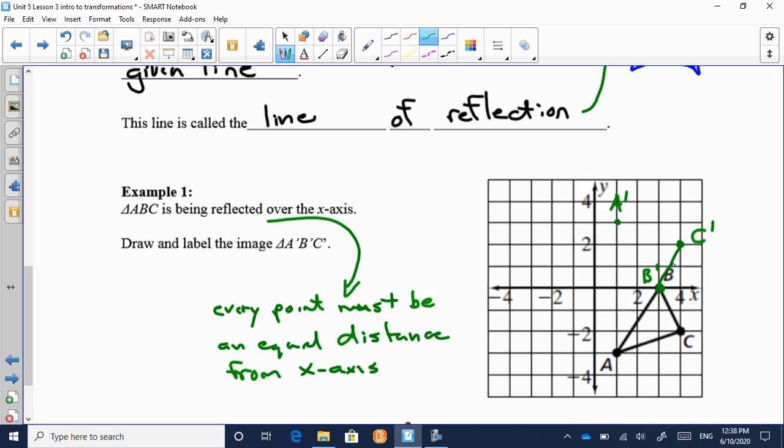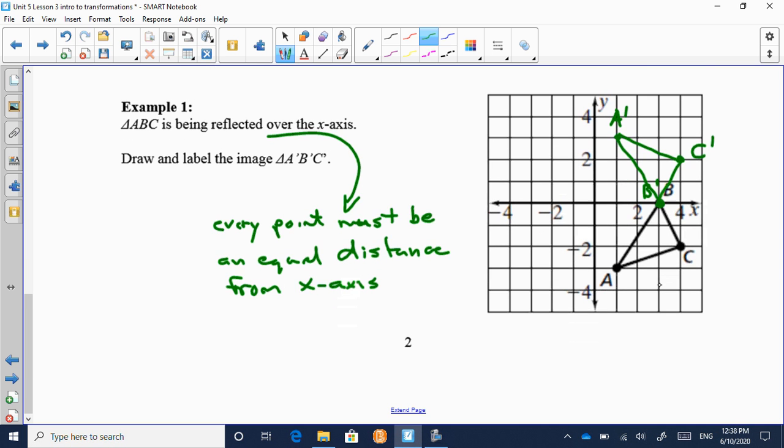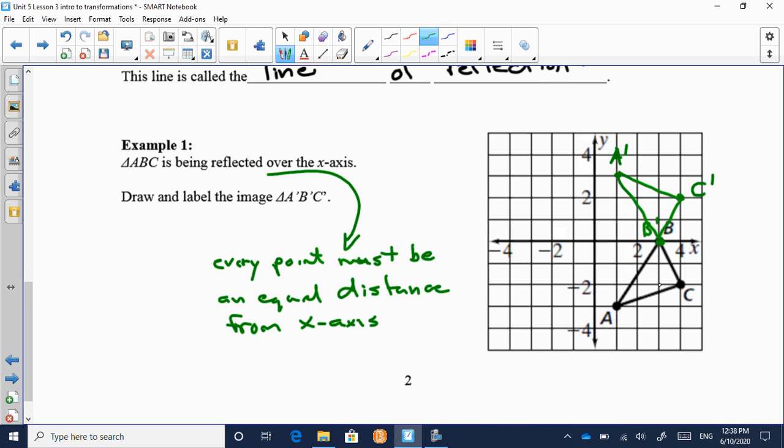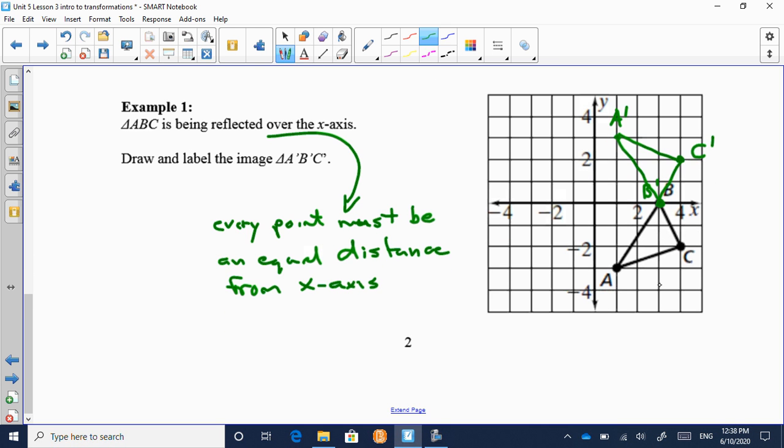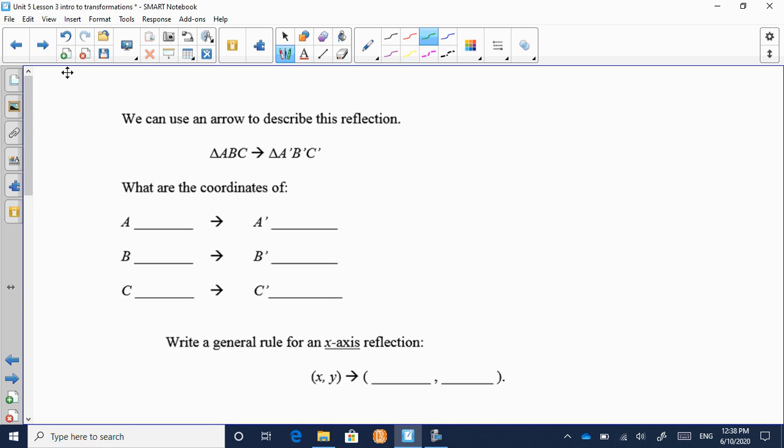And so here we go, we'll join those. And there it is. That is the reflection of triangle ABC, and it's triangle A prime, B prime, and C prime. Okay. I'm just going to show you here with an arrow that we're flipping it across that line. We can use an arrow to describe this reflection.